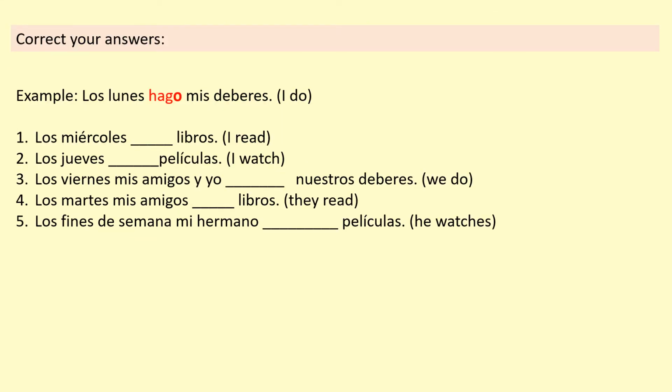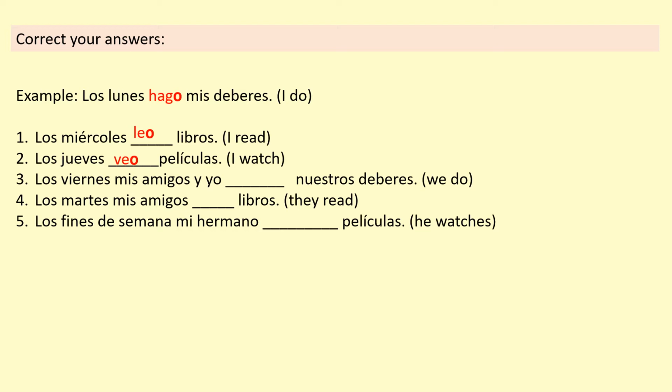Time to check your answers and make any corrections you need to. Please use a highlighter pen and clearly write out the correct answer after your work if you didn't quite get it right first time. 1. Los miércoles I read libros is leo. 2. Los jueves I watch películas is veo películas. 3.